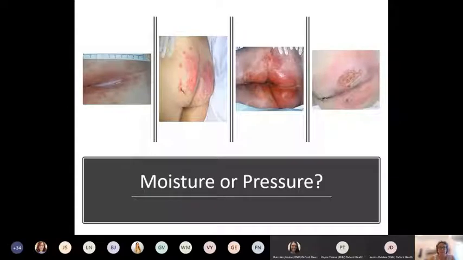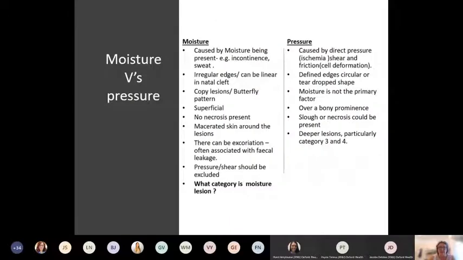So, moisture or pressure damage. Let's have a little look. Moisture damage is obviously caused by a liquid, usually incontinence or sweat against the skin. Sometimes it can be in an area where pressure is. So typically on the sacrum, moisture can be coming into play. So you can't just go, oh, it's on the sacrum, therefore it's pressure, or therefore it's moisture.